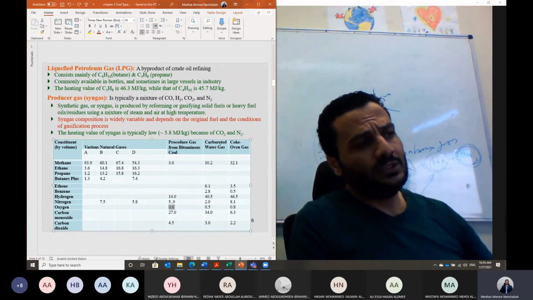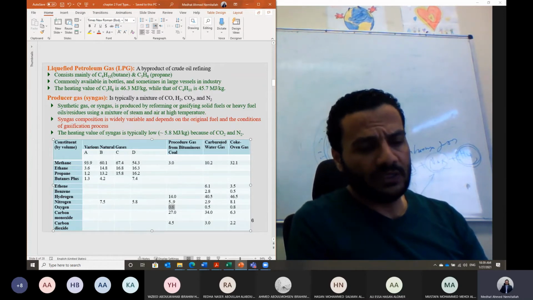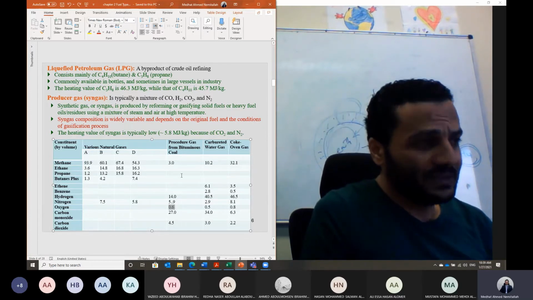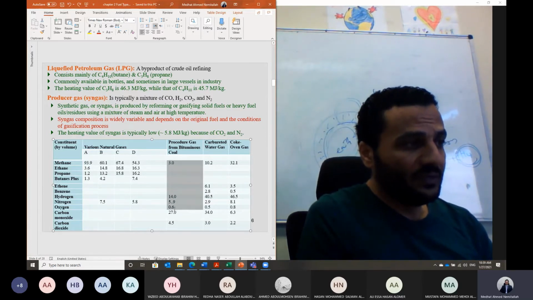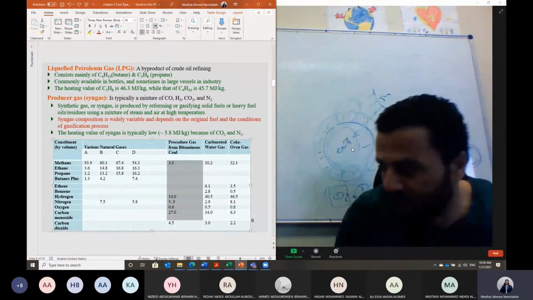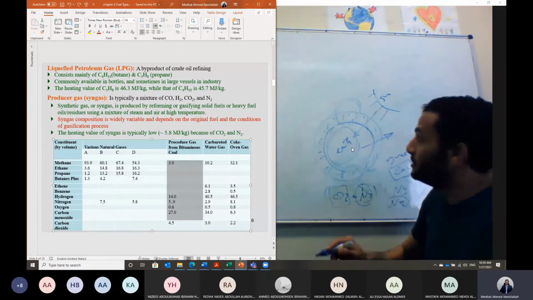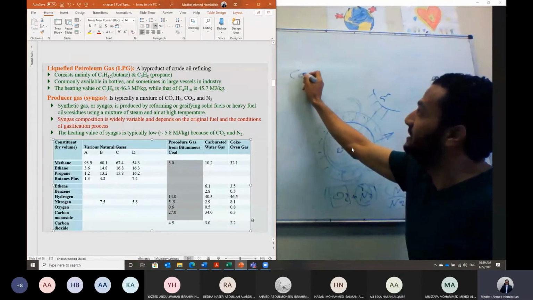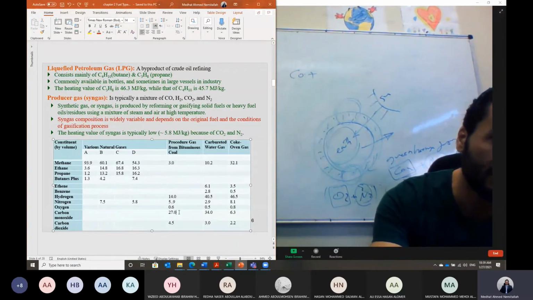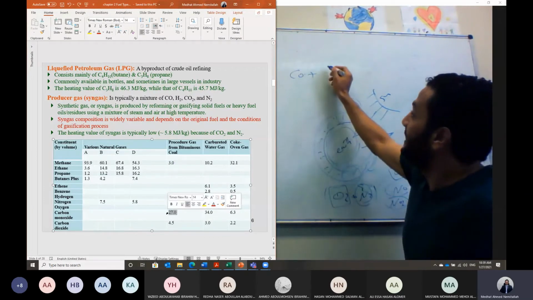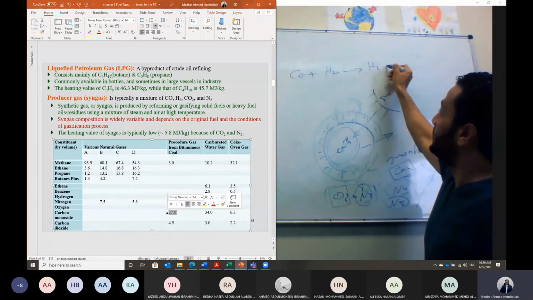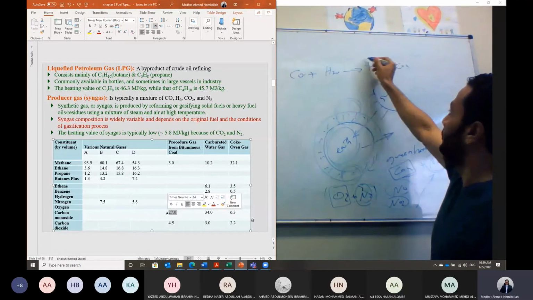We have what we call the carbureted water gas. This synthetic gas is the same as this synthetic gas, but we add an additional reaction. This reaction is called the water gas shift reaction. We take the carbon monoxide produced here in the producer gas, and we react this carbon monoxide with the steam back, then it will result in more hydrogen plus carbon dioxide.